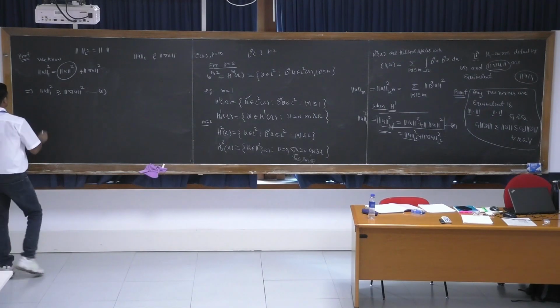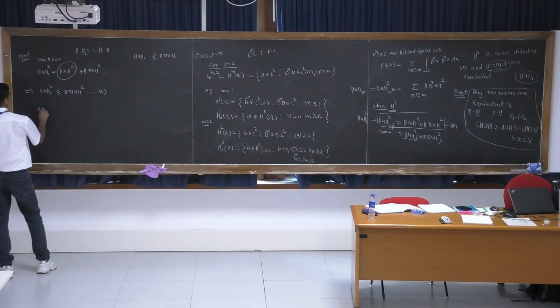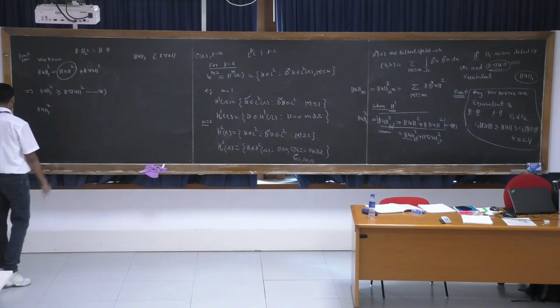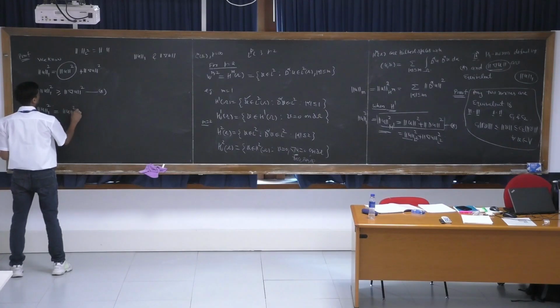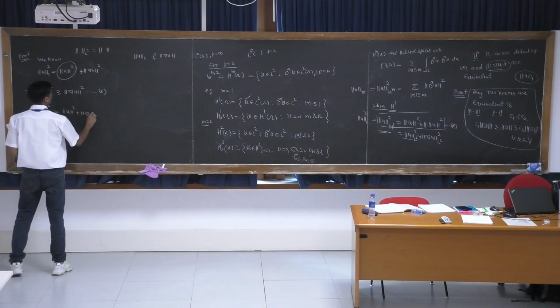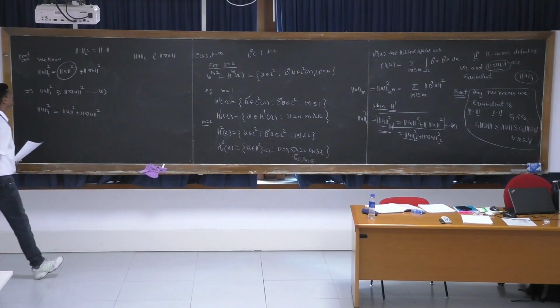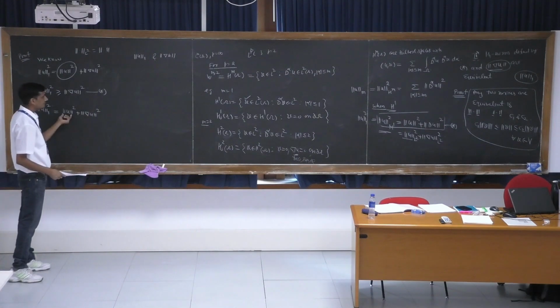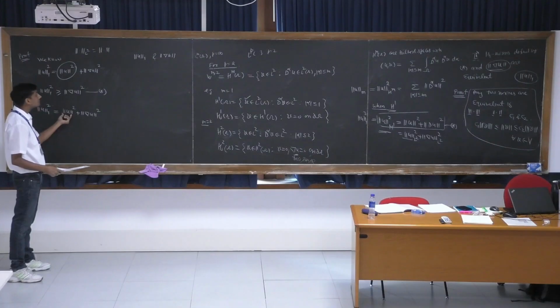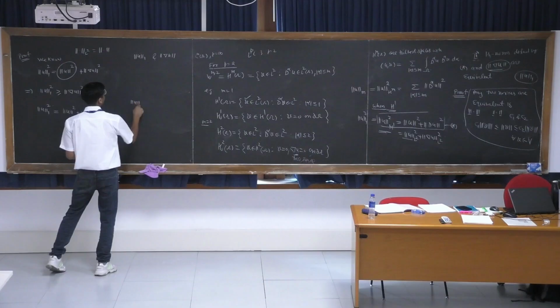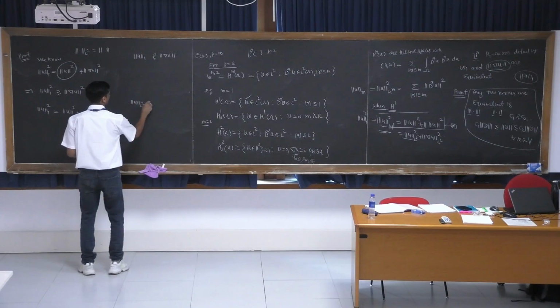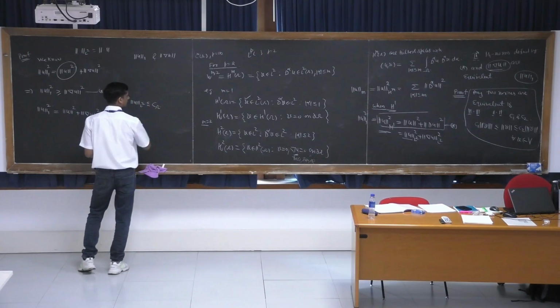Now start again from the H1 norm squared, which is equal to the norm of u squared plus the norm of del u squared. Apply the Poincare inequality: the L2 norm of u is bounded by a constant depending upon omega times the L2 norm of del u.